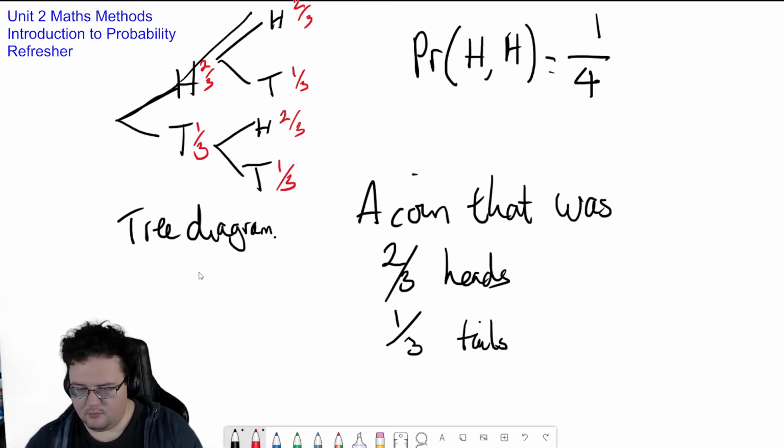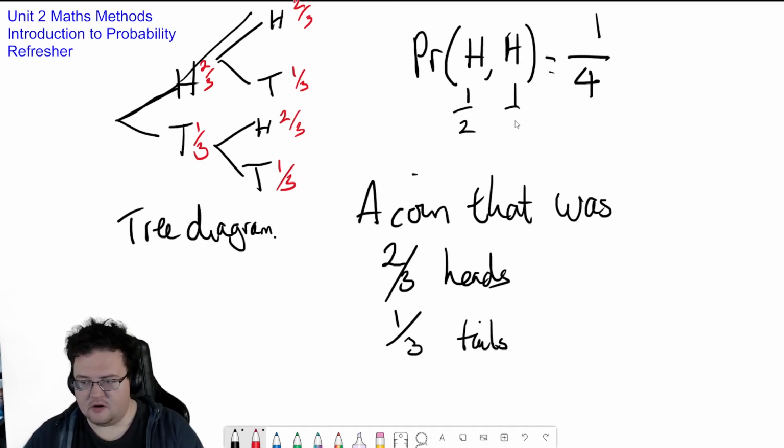So previously, when we did the heads, it was a probability of a half and a probability of a half. And to get a quarter, if you have 2 halves, how do you turn them into a quarter? You multiply them. Well, the same process will happen here.